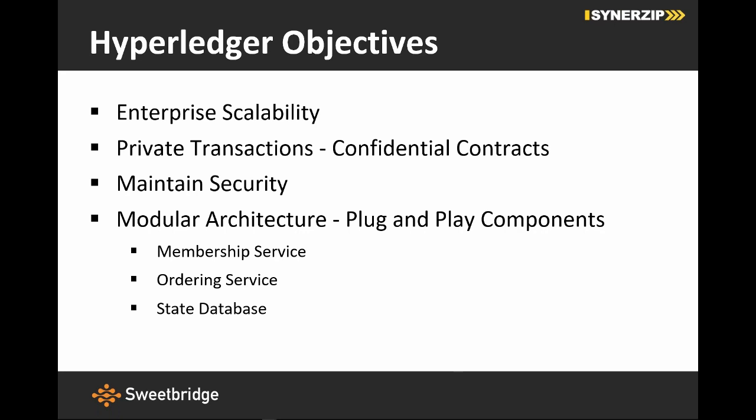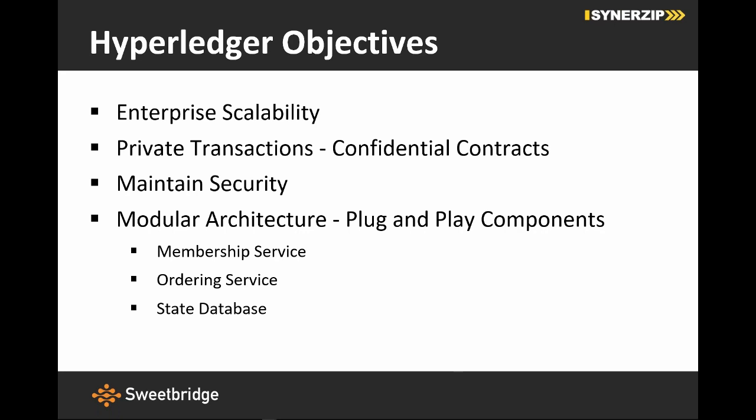Glenn also mentioned how in a public blockchain, the contracts are very often open source, and everyone that subscribes to the blockchain can see all the transactions. Well, in an enterprise environment, there are often times when companies will have private agreements between themselves where you don't want to expose that information.